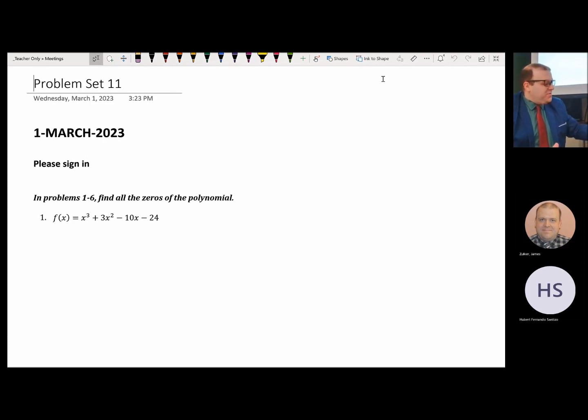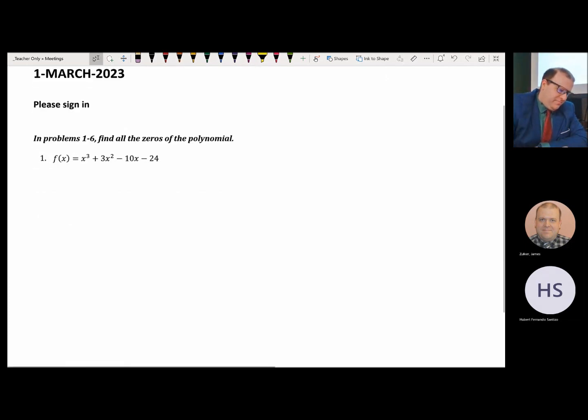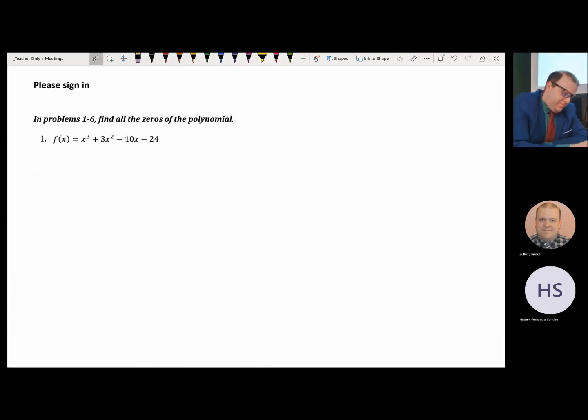There are several things that we want to look at. The first thing we want to do is list out all of the possible rational zeros. And that's simple to do.